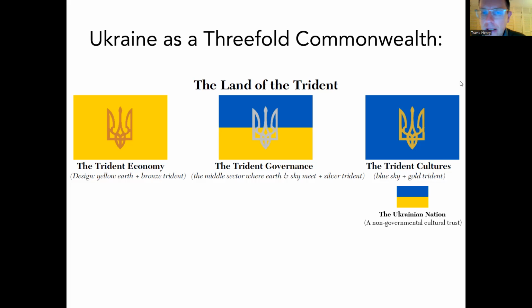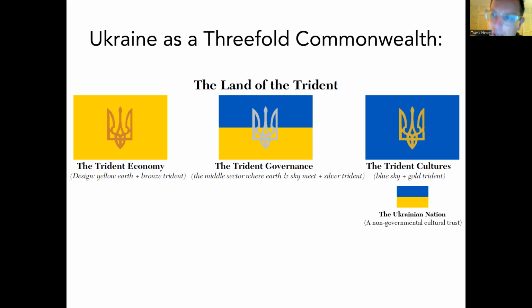The Ukrainian flag has the blue sky and the yellow field, the yellow earth. And in the symbology we offer here, the yellow earth is like the economy, and the blue sky is like the cultural sector. And where the blue sky and the yellow earth meet, that's like the rights sector.